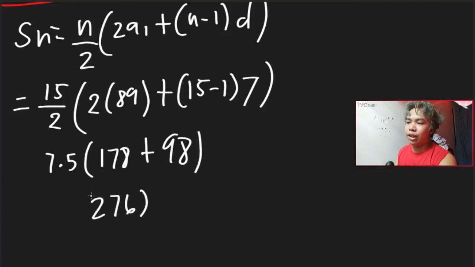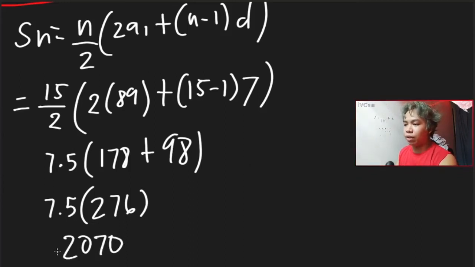So 276 times 7.5, ang sagot 2070. Ibig sabihin, mula 13 hanggang 28, pagka pinag-add nyo, ang sagot doon ay 2070.